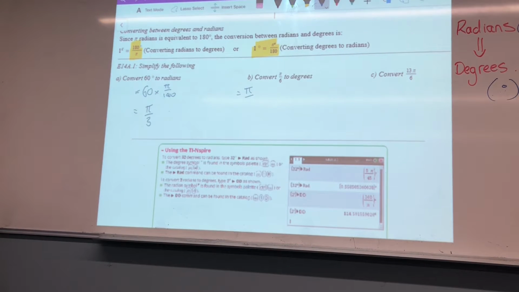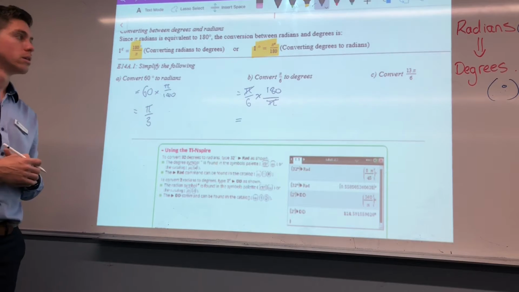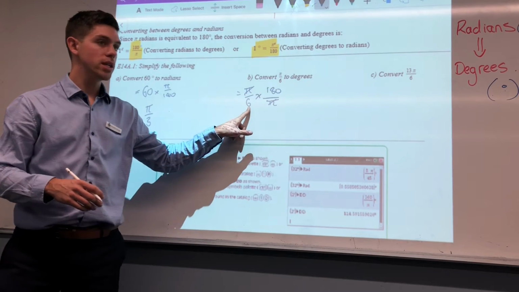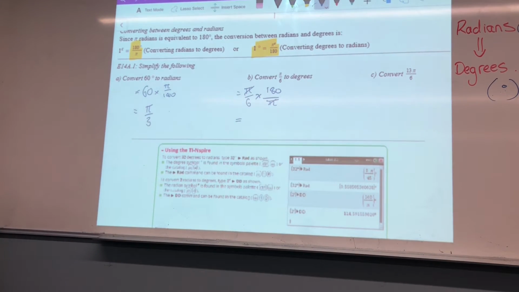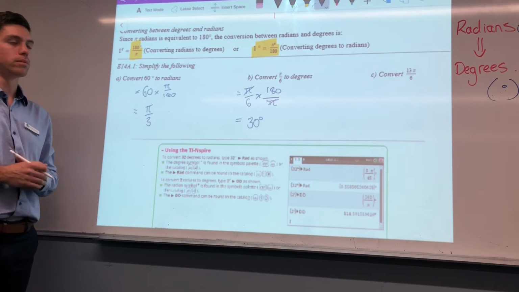Pi over 6 times 180 over pi. The pi's cancel out, and 180 divided by 6 is 30. And we've got our little degree symbol there.